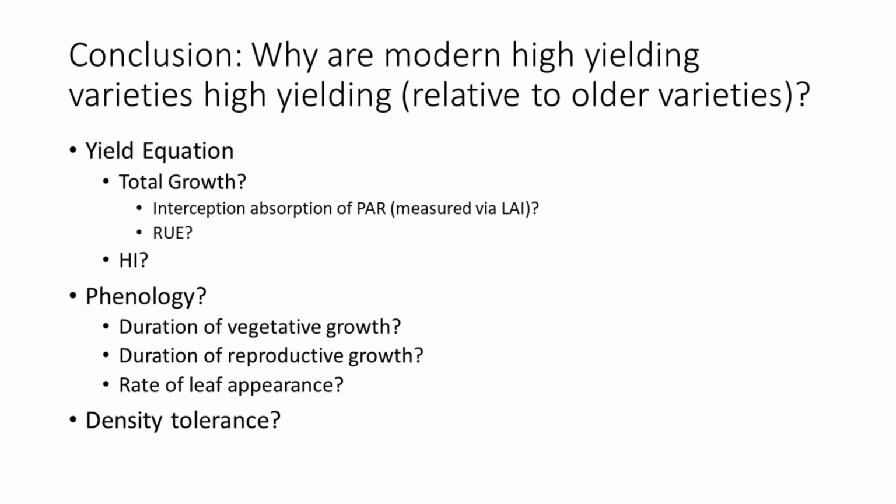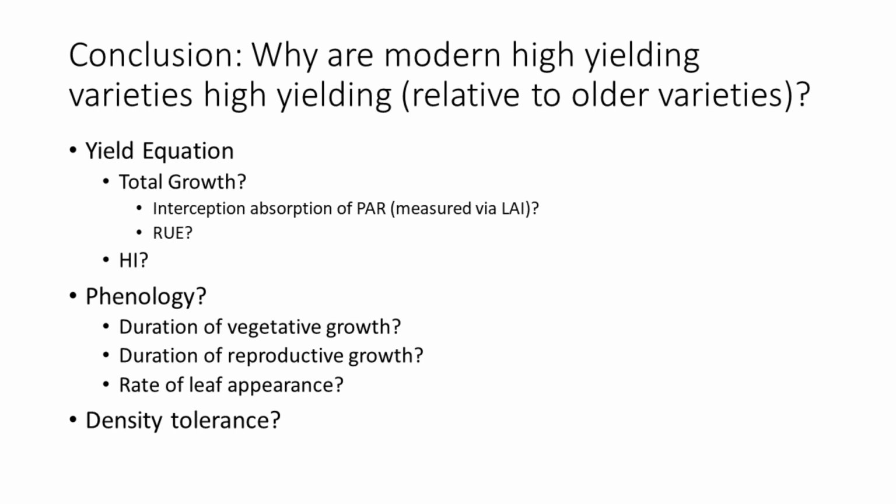Did harvest index change much in newer varieties? A little bit. I would say not a huge contributor to this increase in yield that we saw at the start of this video. Harvest index did increase slightly, but it's not a major contributor to this overall increase in yields.